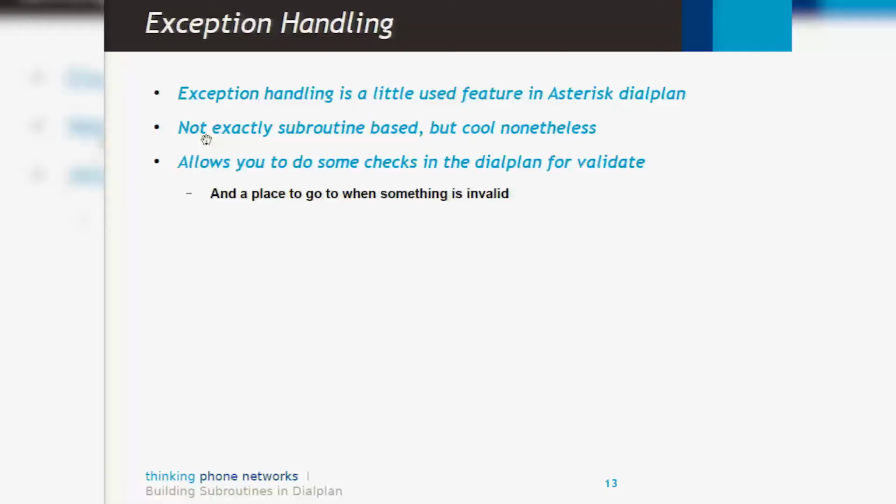So exception handling, which is a thing I've actually started utilizing very recently. I started getting really into building some fairly complex Dialplan for some IVR handling, which is utilizing a lot of nested subroutines and is being executed and managed through a database.